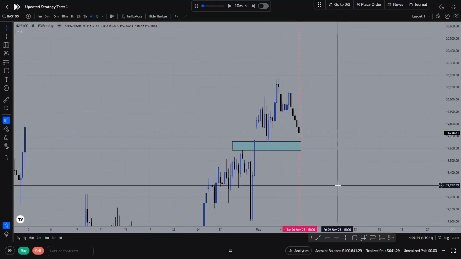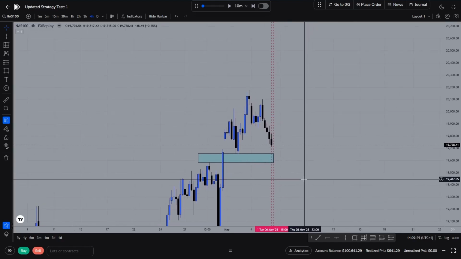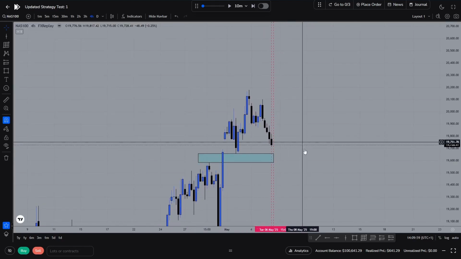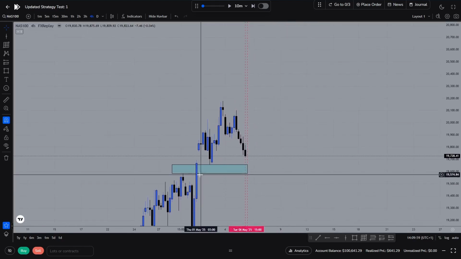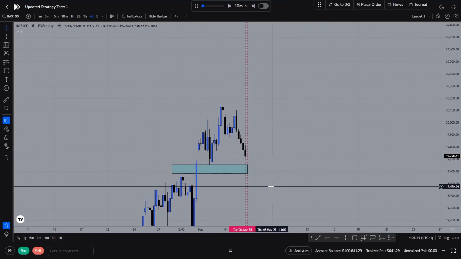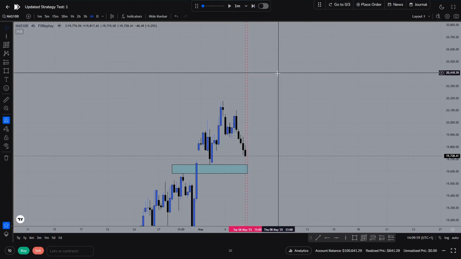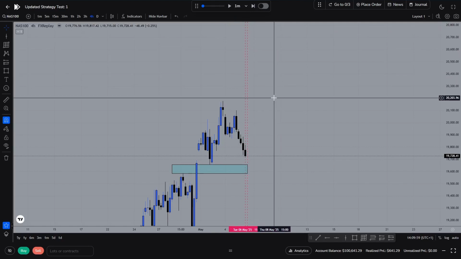My entry would be more high probability due to scaling down after a confluence happens, showing either bullish or bearish momentum on each time frame until we get to the 1 minute where the final thing happens. Let's move that back to 1 minute before something happens. Give me a second.